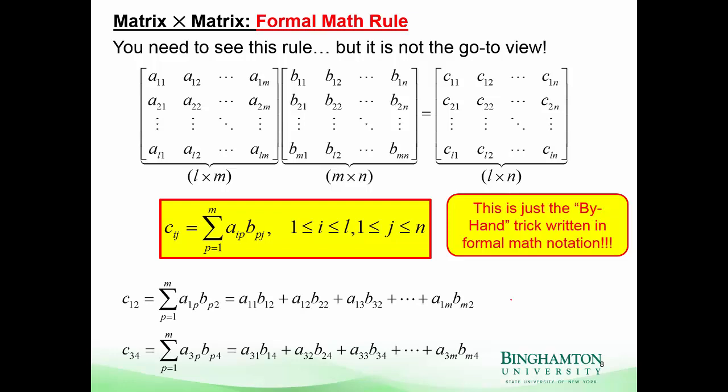So here are two examples, C34 and C12. So I would encourage you, even though we're not going to be using this result a lot, it's still worth knowing how to use that. So you should be able to say, from this formula, figure out what this needs to be for some given element index.